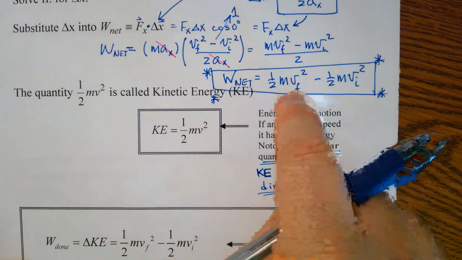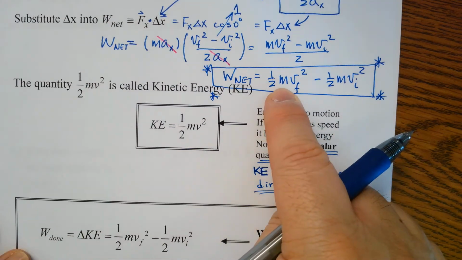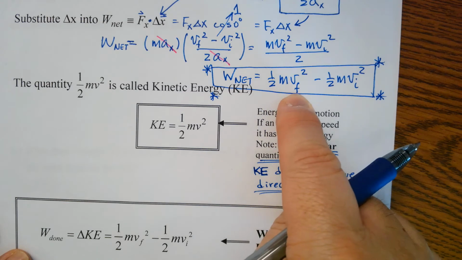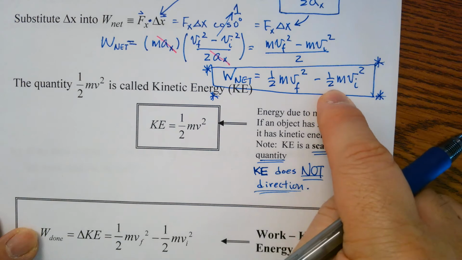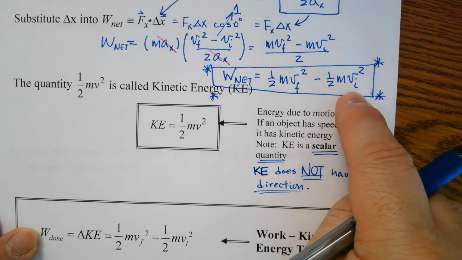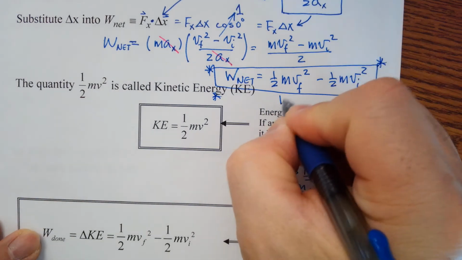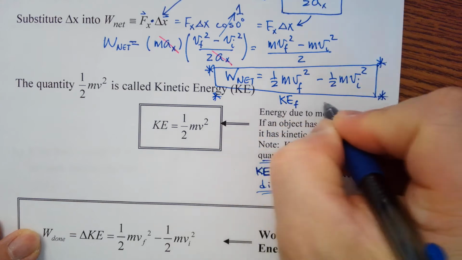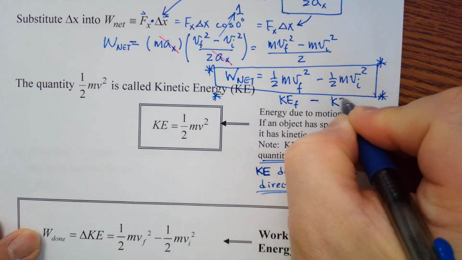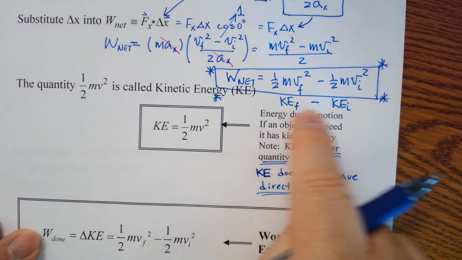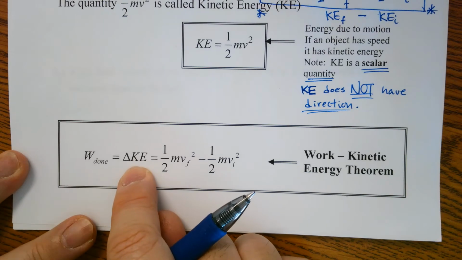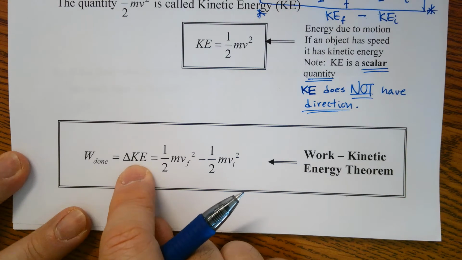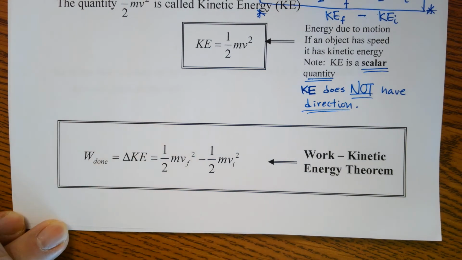So if I were to consider this 1/2 m v final squared to be my final kinetic energy, and 1/2 m v initial squared to be my initial kinetic energy, so my kinetic energy final minus the kinetic energy initial just becomes change in kinetic energy, delta K E. Sounds like a Greek fraternity, right?